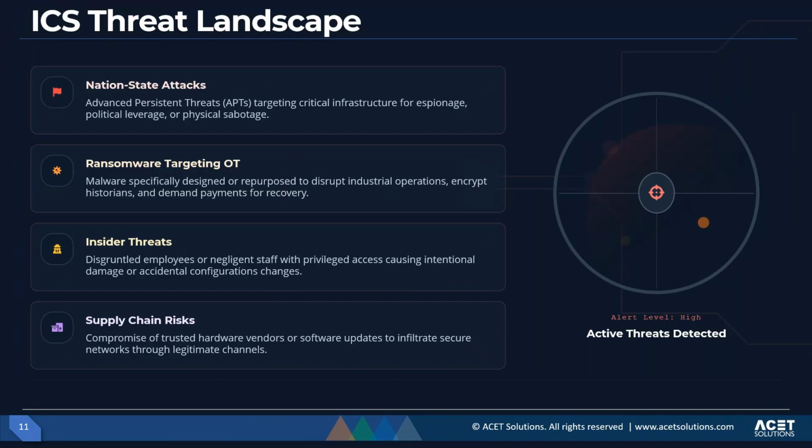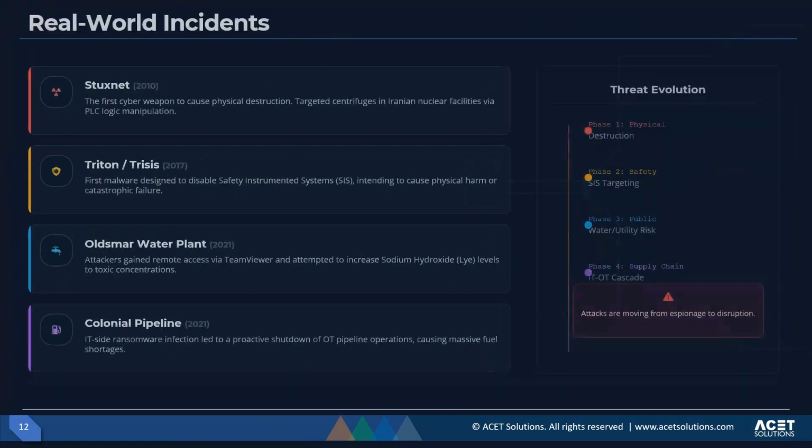So let's look at a few real-world examples from the past. As we discussed previously, the threats facing ICS environments are no longer hypothetical or something we talk about in theory. They are real, active, and evolving quickly.